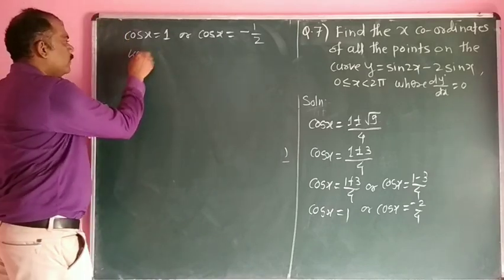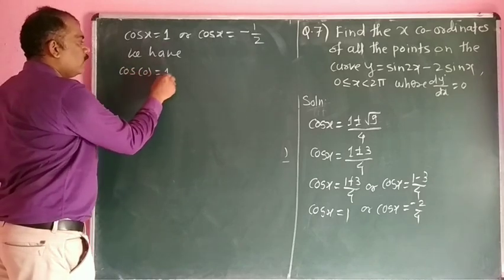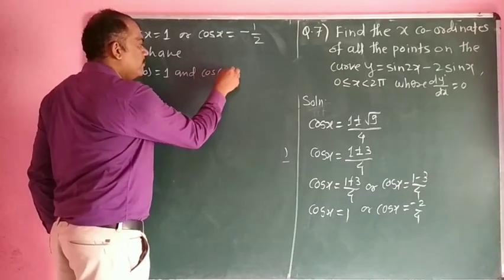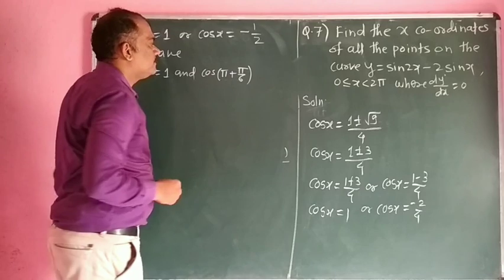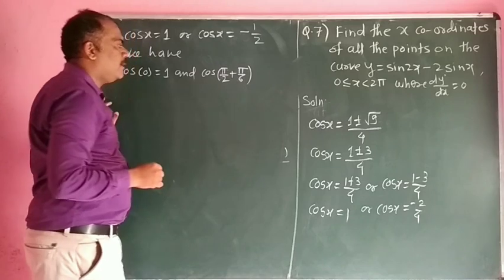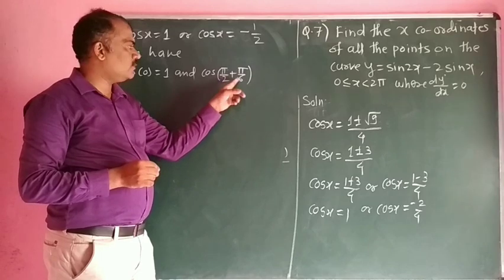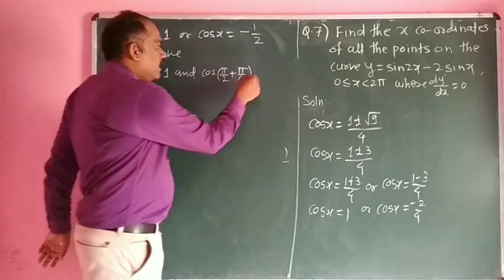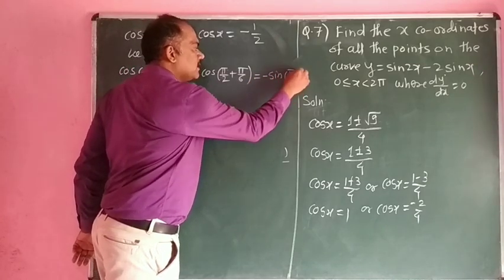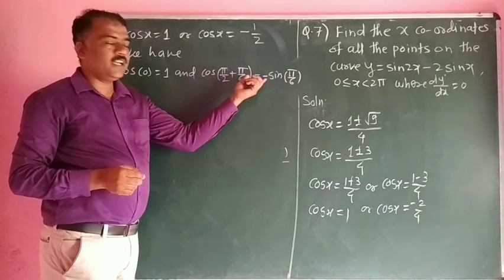Now we have to know that cos 0 is equal to 1, and by using the allied angles formulae, cos of pi by 2 plus pi by 6, cos of 90 plus pi by 6, that is cos of 120. 90 plus theta is the sine theta, and it lies in the second quadrant, so we have to take the minus.